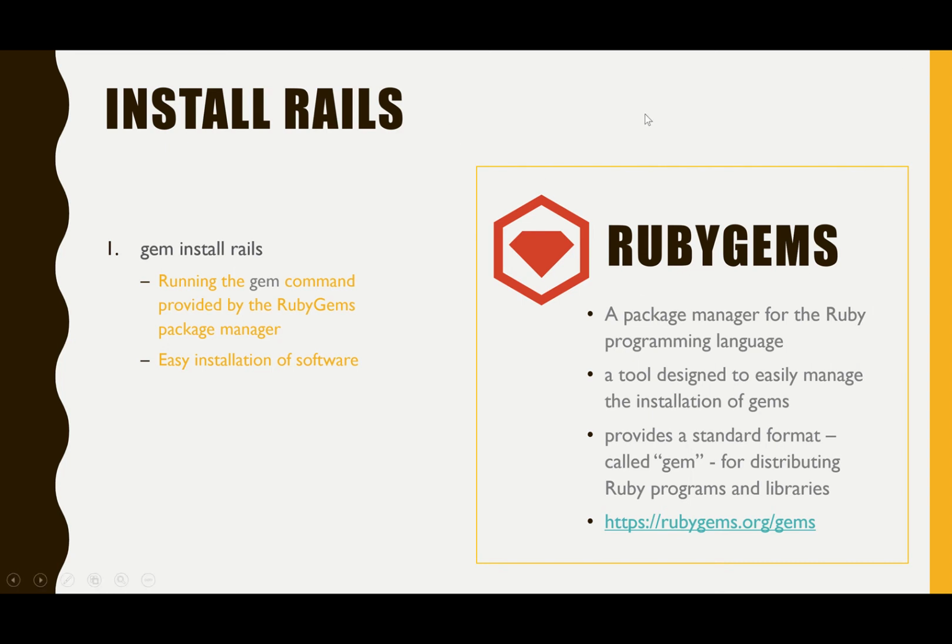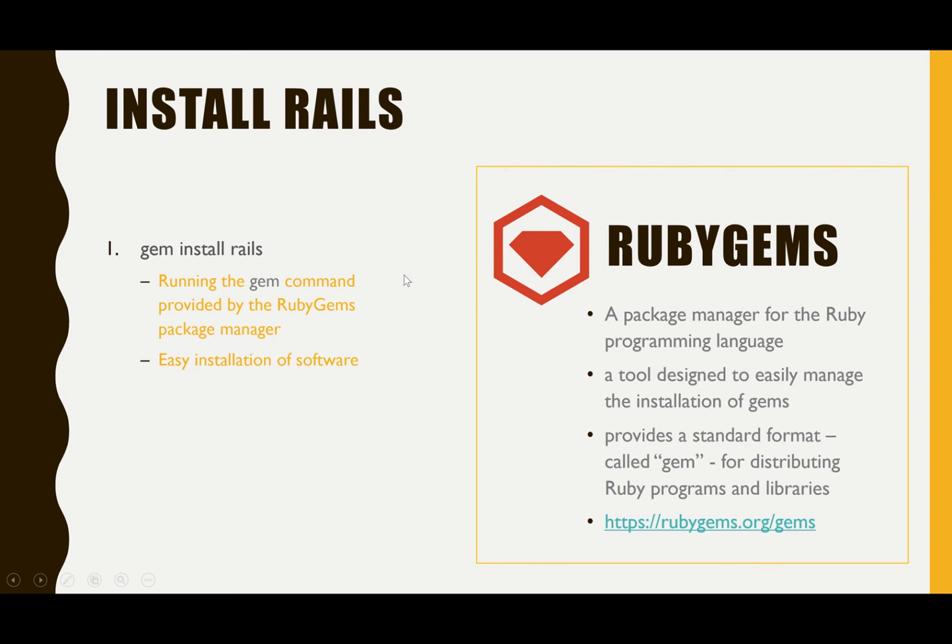It's kind of like a library with all the different libraries, and it picks out everything and manages the installation of the gems. Different libraries can have different formats if they're not in the form of a gem. So a gem dictates what format these libraries will be, and you can access this to see all the different gems available, and there are a lot.